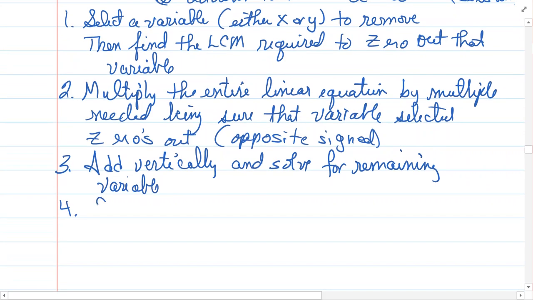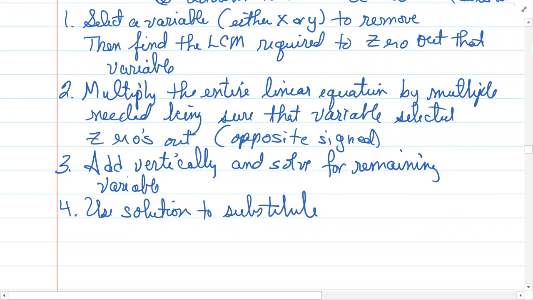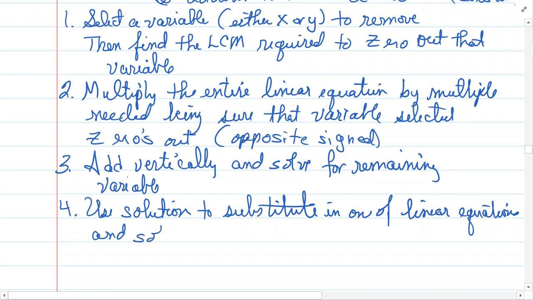Use the solution to substitute in one of the linear equations and solve for the missing variable value.